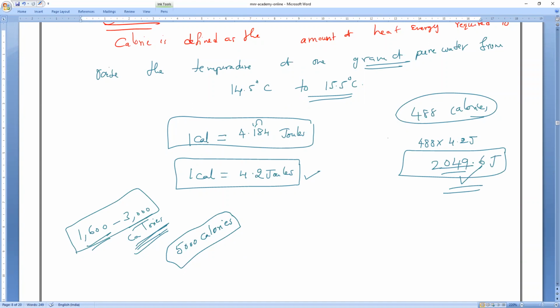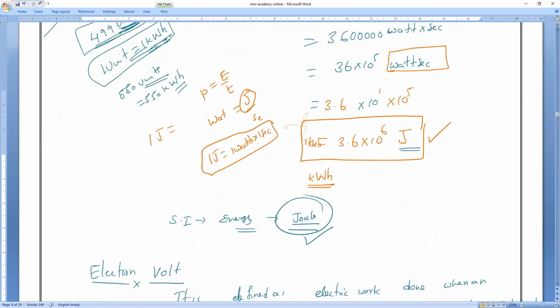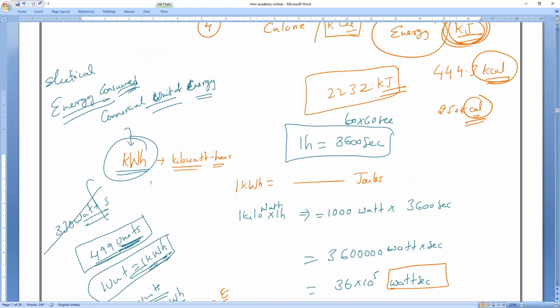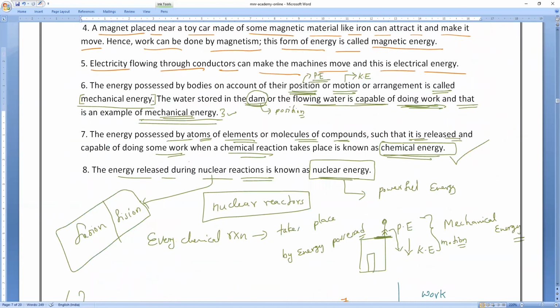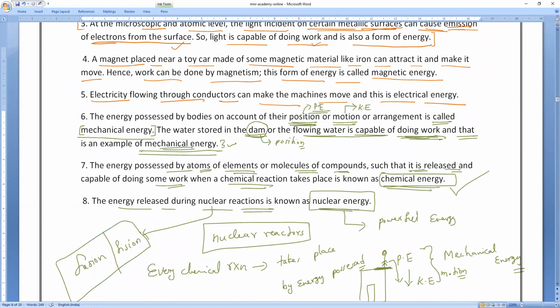So this is about energy and the units of energy. What is the commercial unit of energy? Kilowatt hours. Tomorrow's class will study a particular type of energy called mechanical energy.